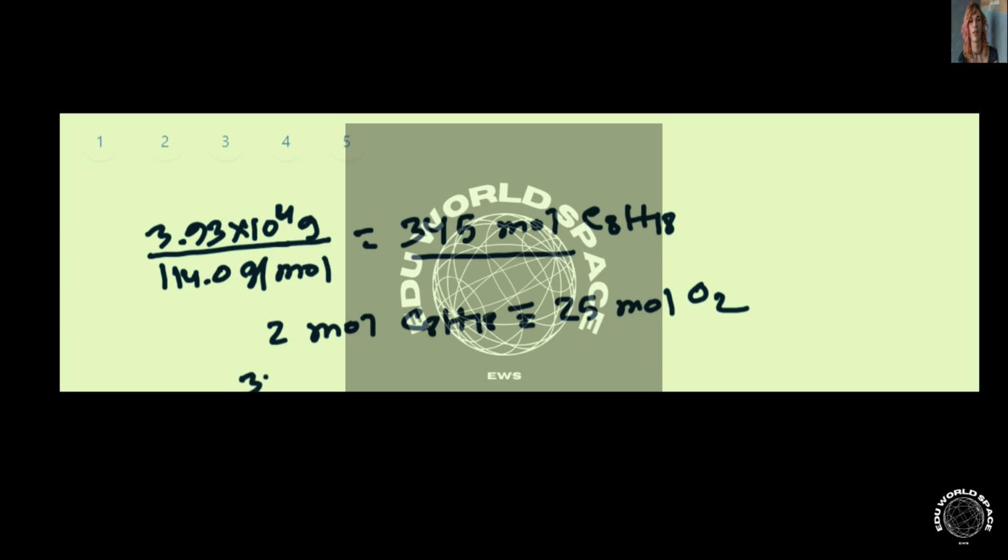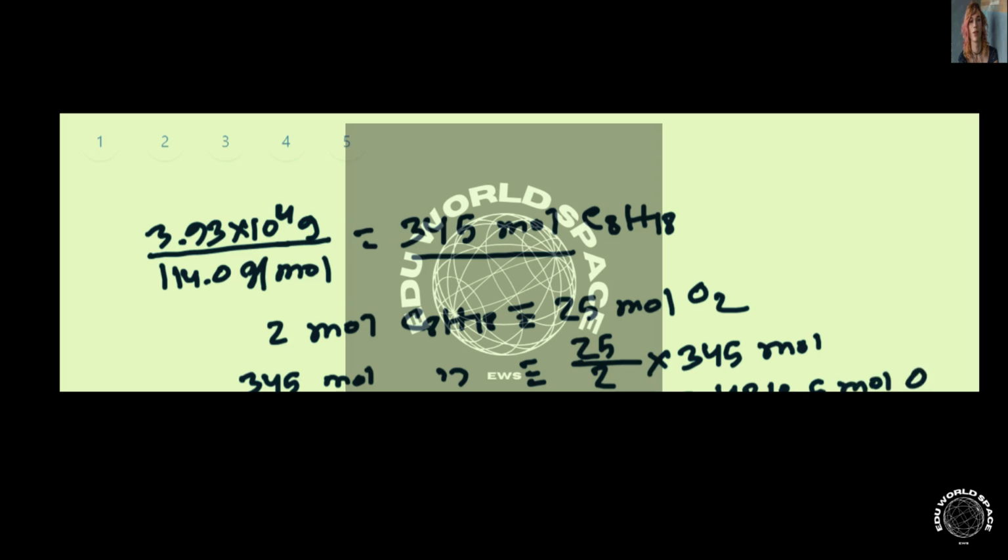That means 345 mole octane will be burned by 25 over 2 times 345 mole, which is equal to 4312.5 mole of oxygen.